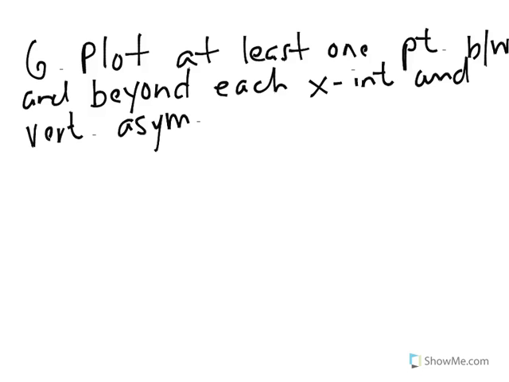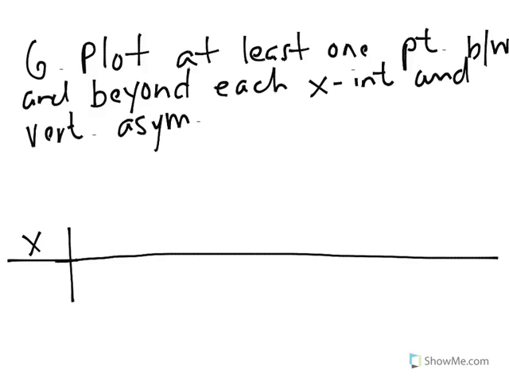So we know our x-intercept is 0, and our vertical asymptotes are -3 and +3. So I'm just going to draw a table like this. I'm going to put my x there, and I'm going to put my f of x here. I'm just going to draw some lines.